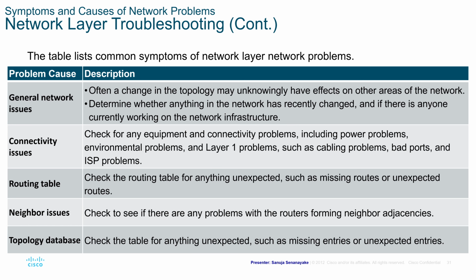Connectivity issues. Check for any equipment and connectivity problems, including power problems, environmental problems, and layer 1 problems such as cabling problems, bad ports, and ISP problems. When they say environmental problems, let's say I have seen situations where people put an access point outside the building, which is okay.